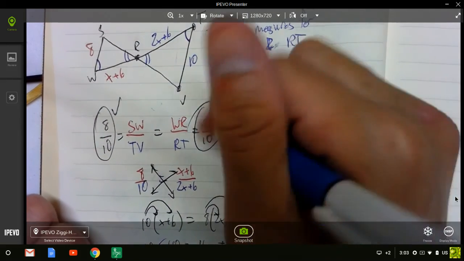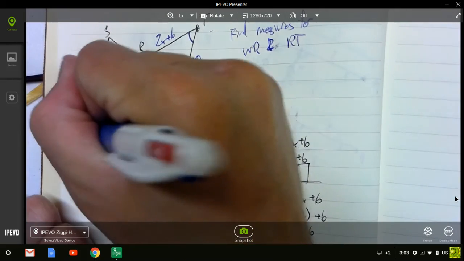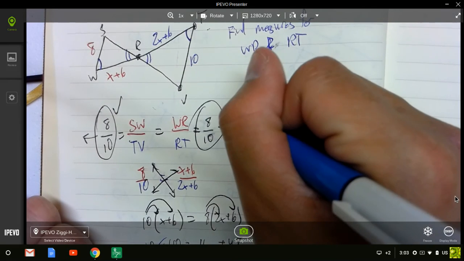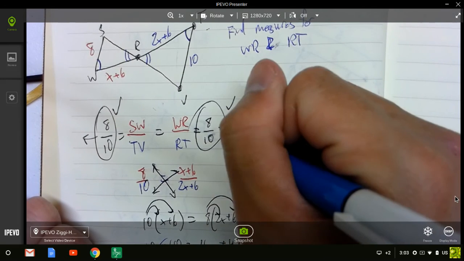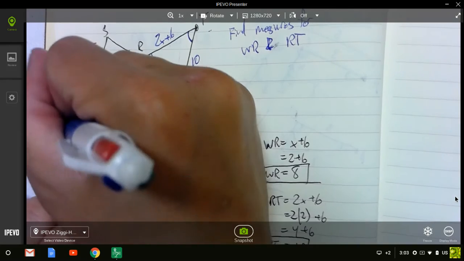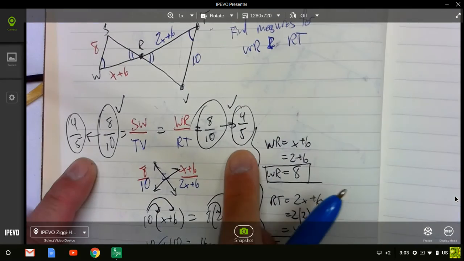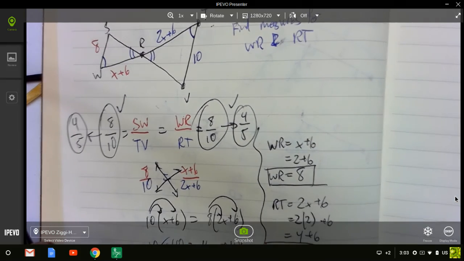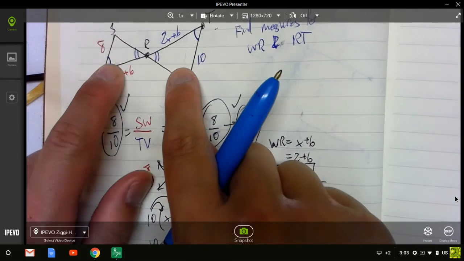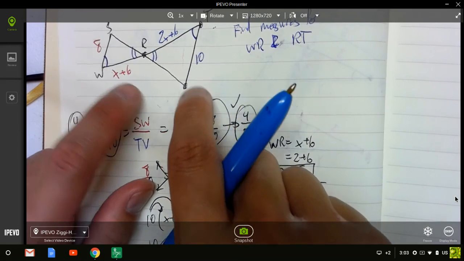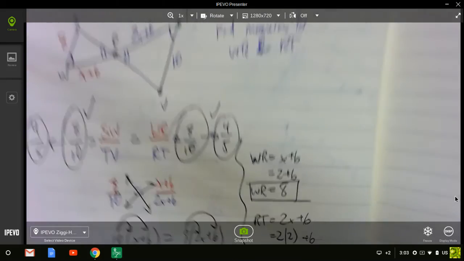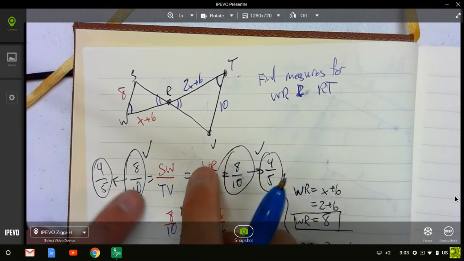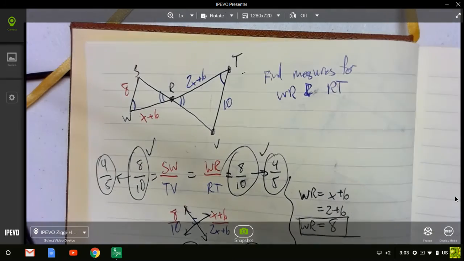If you simplify further, 2 is the greatest common factor of 8 and 10, so 8 divided by 2 is 4, and 10 divided by 2 is 5. No matter how you reduce it, they're the same ratios, meaning we have done our work correctly, because if these two triangles are similar, then x equal to 2 makes both of these sides form a ratio proportional to the ratio of SW and TV.